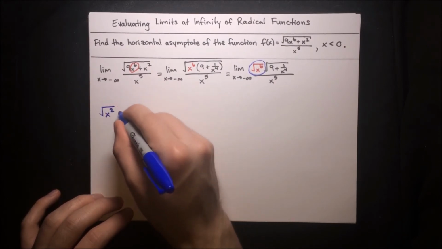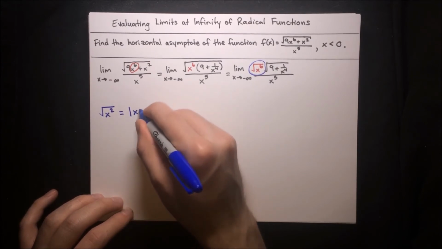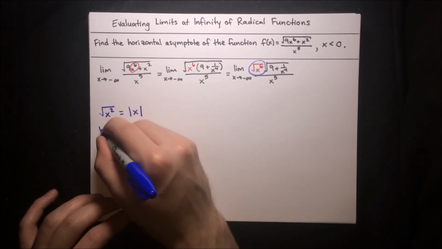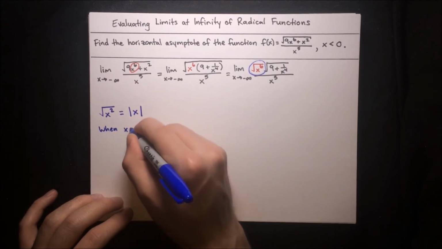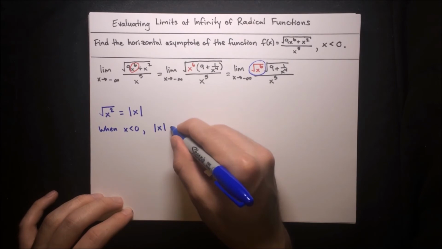What would that simplify to in our situation here? Well, we notice that's just the absolute value of x, but when x is less than 0, what is the absolute value of x equal to? It's not just x itself this time. For example, the absolute value of negative 5 is not still negative 5, it's positive 5.